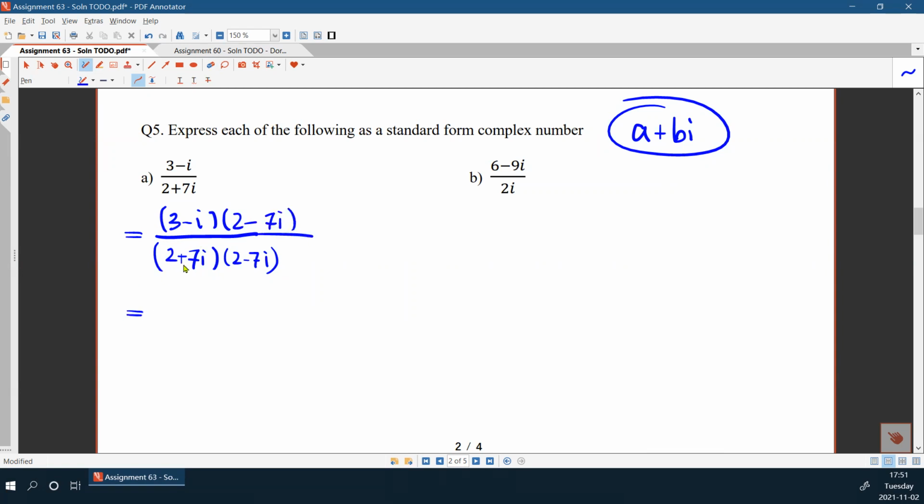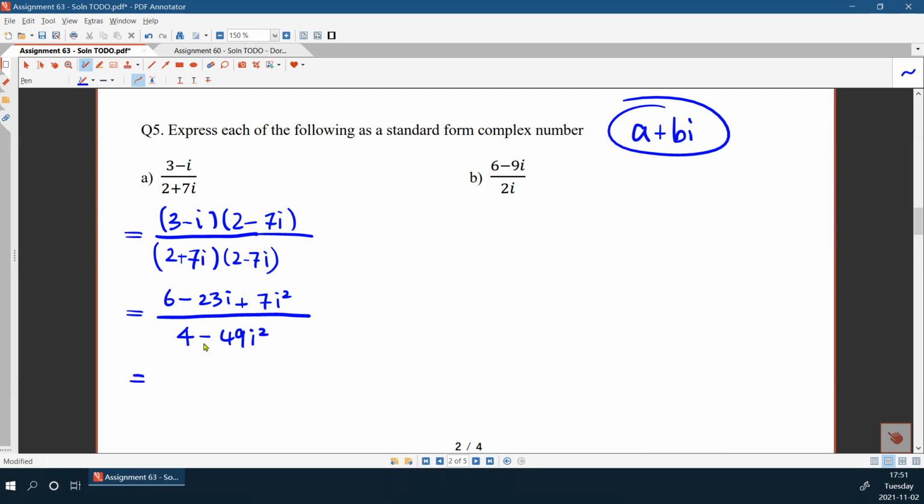And this will give us, expanding the numerator, 6 minus 23i plus 7i squared, right? And the denominator is 4 minus 49i squared, right?